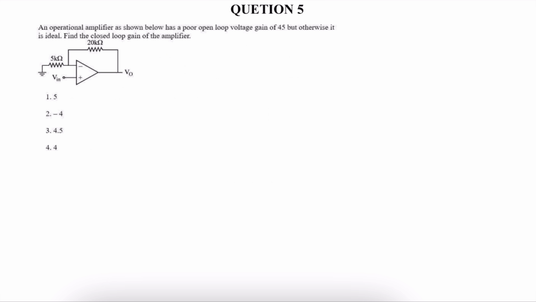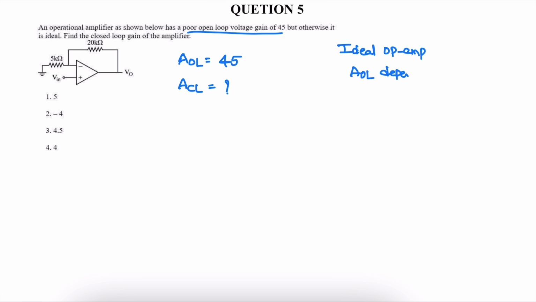Next question. An operational amplifier as shown below has poor open loop gain AOL of 45, but otherwise it is ideal. Find the closed loop gain of the amplifier. Generally, for an ideal operational amplifier, closed loop gain depends only on external resistors.